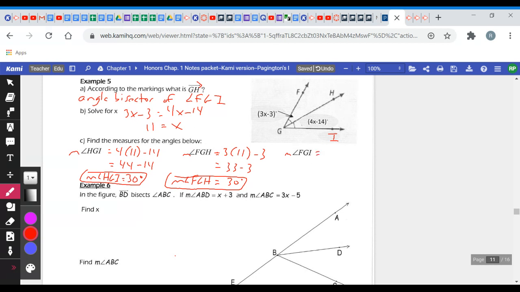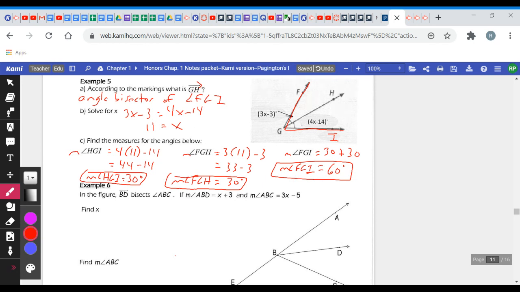And in that case, I know that if each angle is 30, I can add up to get what the whole big angle is, which in this case is 60. And so FGI is 60. Okay, so good double check there.